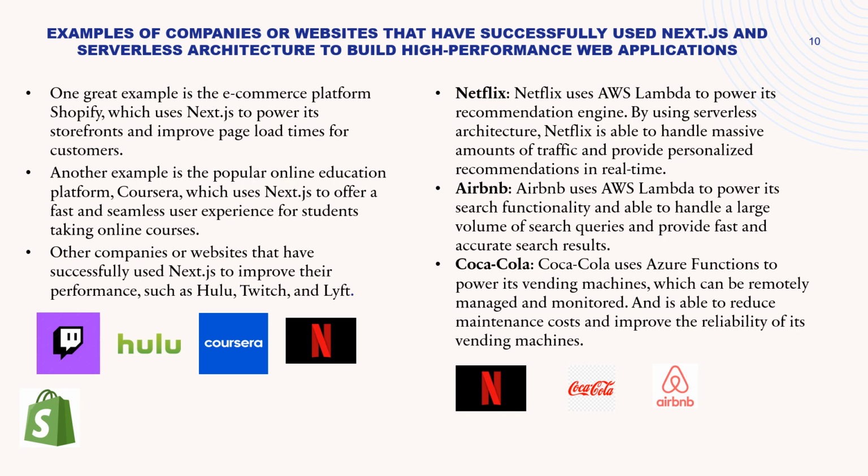Another example is Airbnb, which uses AWS Lambda to power its search functionality and is able to handle a large volume of search queries and provide fast and accurate search results. Another example is Coca-Cola. Coca-Cola uses Azure Functions to power its vending machines, which can be remotely managed and monitored, reducing maintenance cost and improving the reliability of the vending machines.